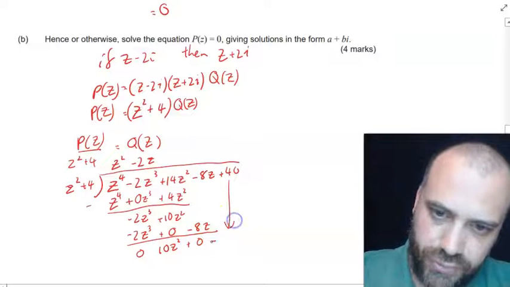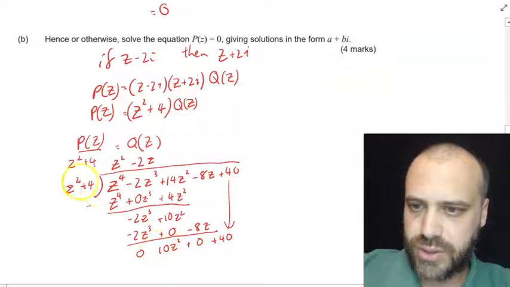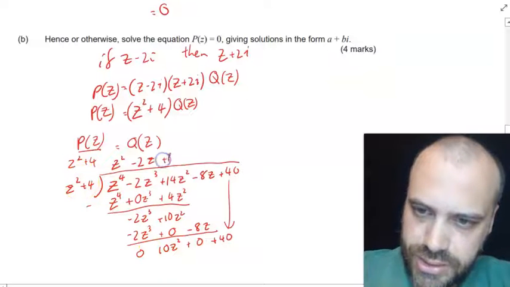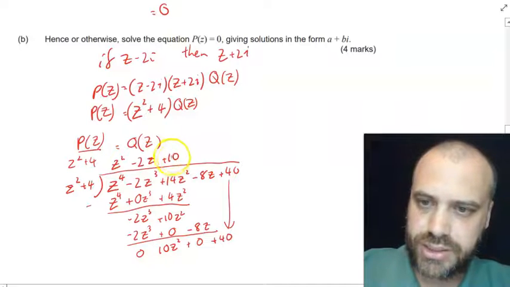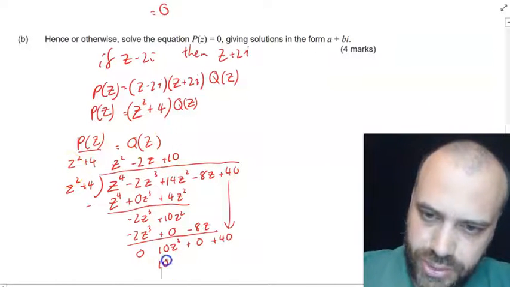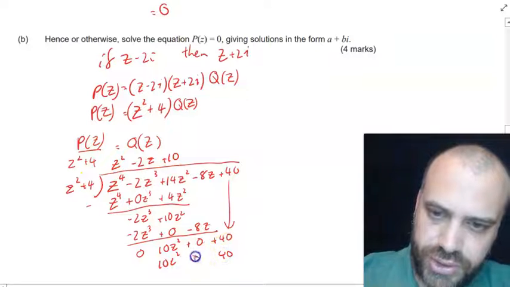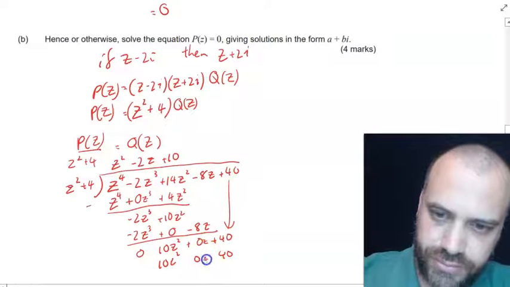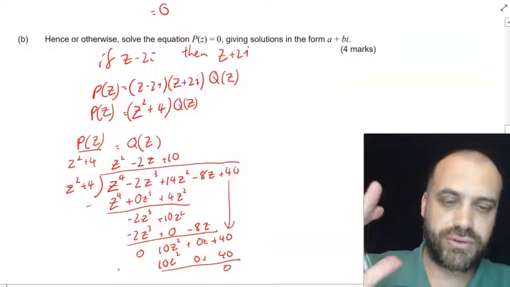And let's drag that 40 down. Finally 10z squared divided by 10z squared is 10. And I think everything should finish up here. 10 times z squared is 10z squared. 10 times 4 is 40. We've got a 0 term here for the z. Subtract them from each other, we get a remainder of 0.